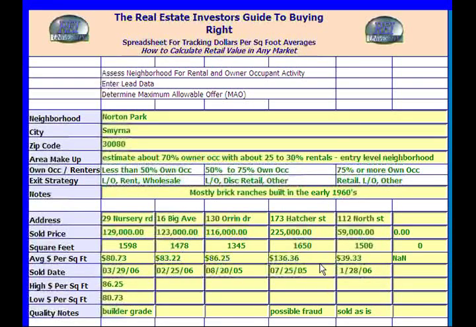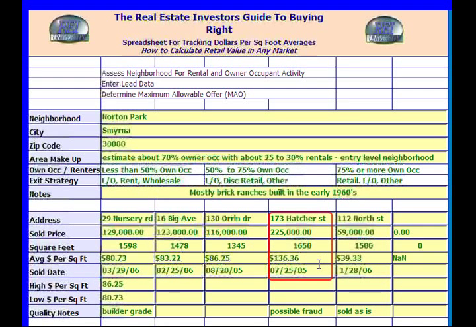When you're looking at comparable sales data, you want to see numbers that are as consistent as possible, as we see here in our first three entries. However, entry number 4 is abnormally high compared to the rest of the properties in this neighborhood.